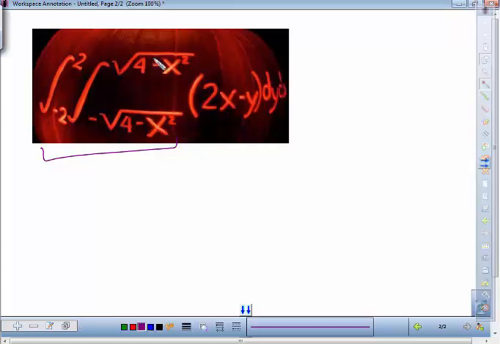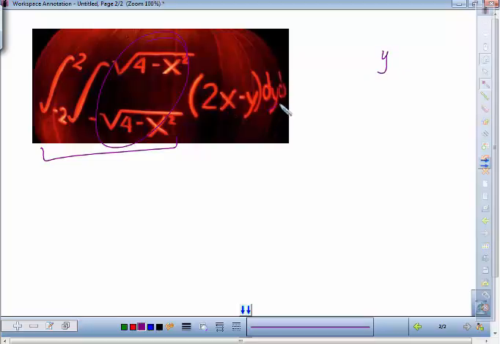And when I look at this, I see these two equations over here that look like they're describing the top and the bottom half of a circle. And so that's going to be our key, is to look at that and convince yourself that it is a circle and that it would be a lot better to do this in polar coordinates.